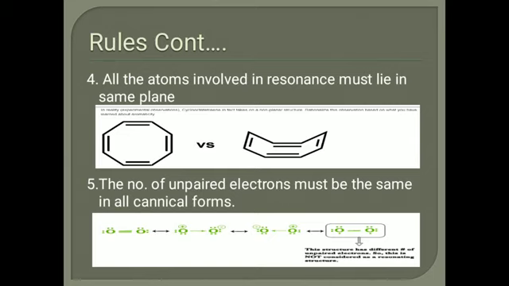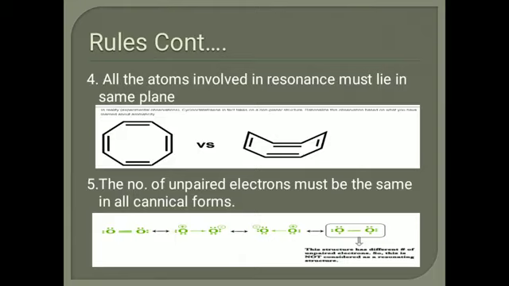If we see this example of the O2 molecule, in the first one both oxygens have two unpaired electrons and two lone pairs, but in the fourth one the unpaired electrons are different from the others.